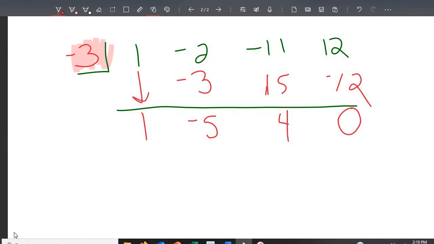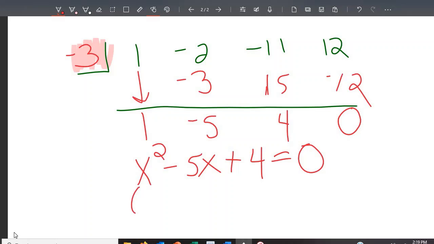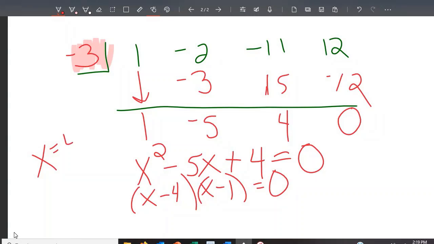So we bring down the coefficients and put them back in front of the variable. Set it equal to 0. Then we factor and solve for the other two roots, or zeros, or whatever you want to call them. So when x minus 4, we'll get x to be +4.